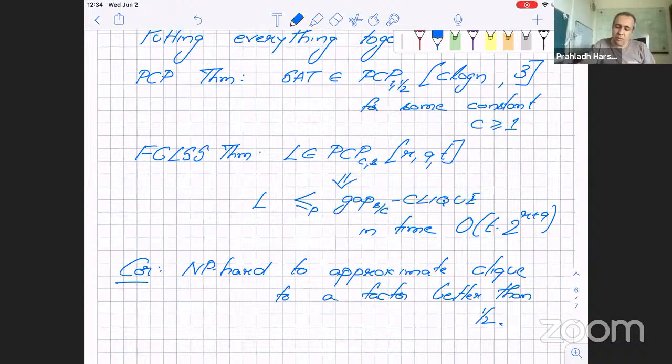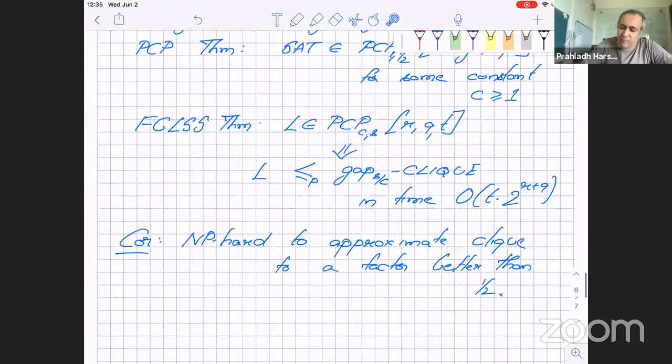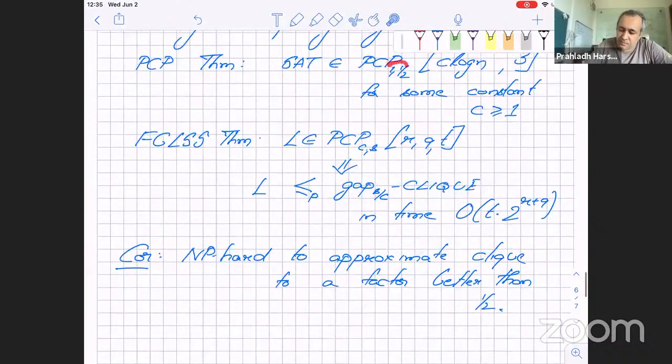Half came from S by C, and S by C was half over 1. If I make the ratio between completeness and soundness even smaller, then I get better and better gaps. So I want to improve this gap between these two.